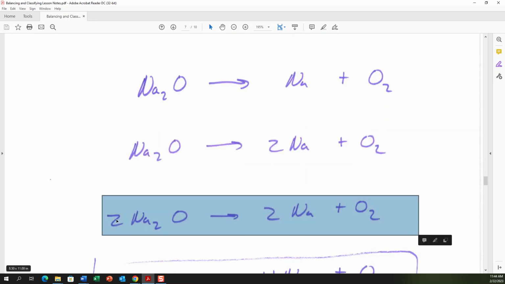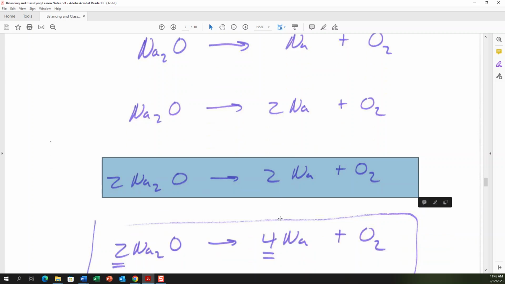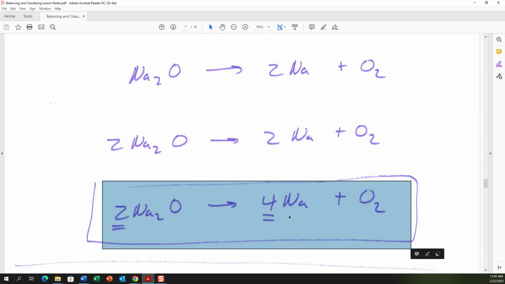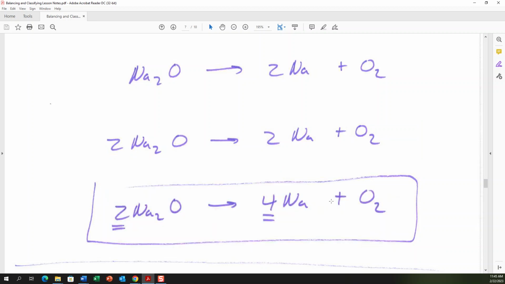So I put a 2 there to balance my oxygens. 2 oxygens, 2 oxygens. But now, putting that 2 there, now I have 4 sodiums and only 2 sodiums on this side. So now I got to adjust. Okay? So my final coefficient over here, I got to change this to a 4 to make the sodium balance. So 2, 4, 1, those would be my coefficients for that balanced equation.